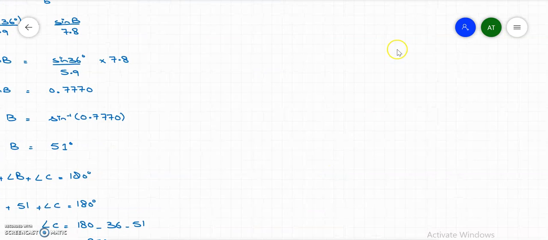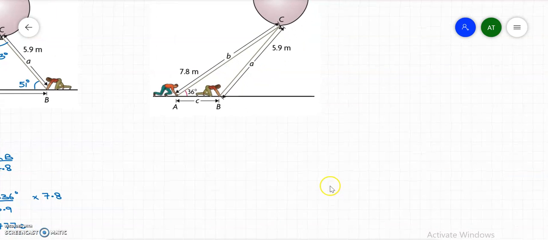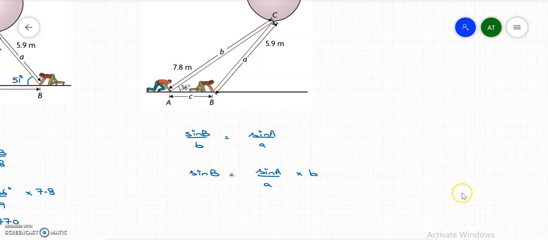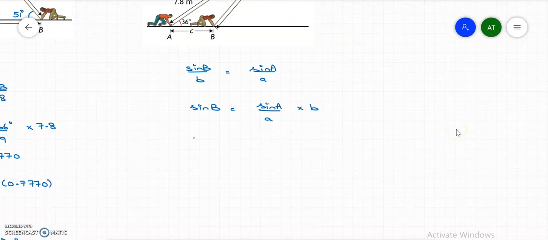Okay, moving to the second triangle. Let me simplify the second solution as well. So again, we need to find the angle B. So we can say sine B over B would be equal to sine A over A. So sine B would be equal to sine A over A times the side B. Okay, so sine B, let me plug in the values.